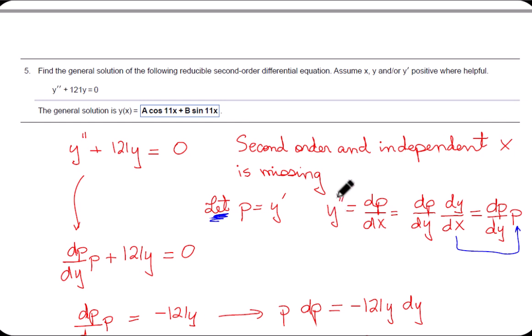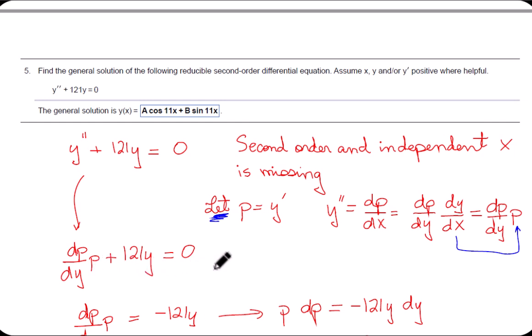Well, then the second derivative of y would be the first derivative of p, which is the derivative of p with respect to y times dy dx. But we have decided to call this term p.